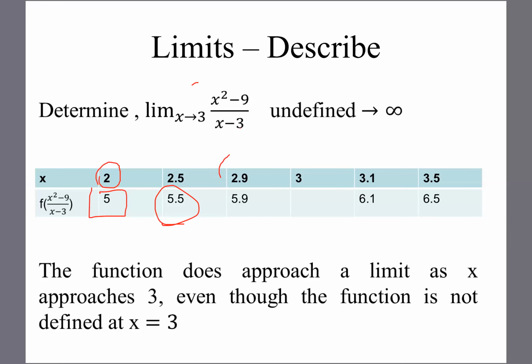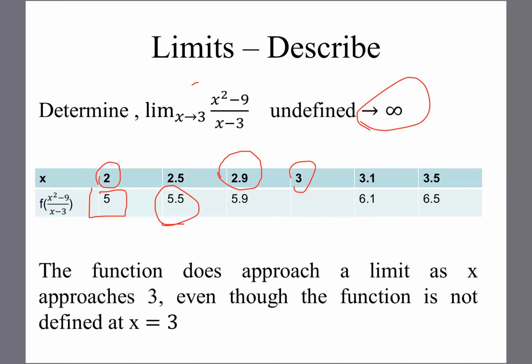When you apply 2.9 instead of x in the same function, you can get 5.9. But when we did this one, it becomes no value, right? So that means no meaning in here.